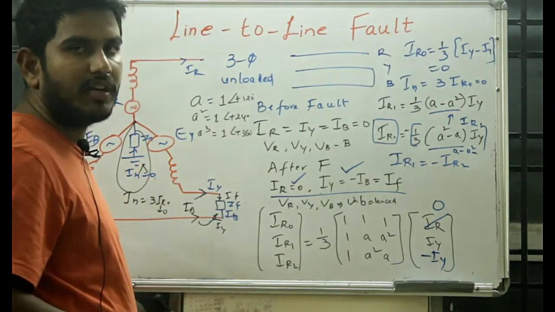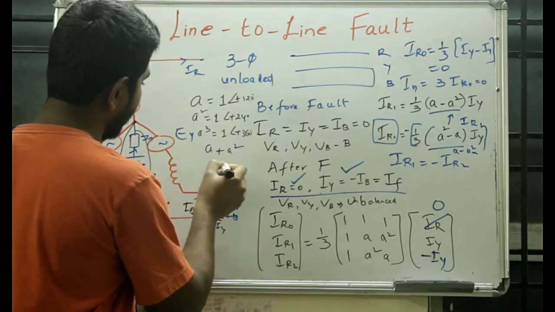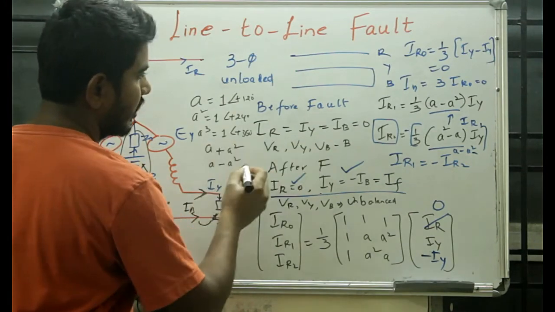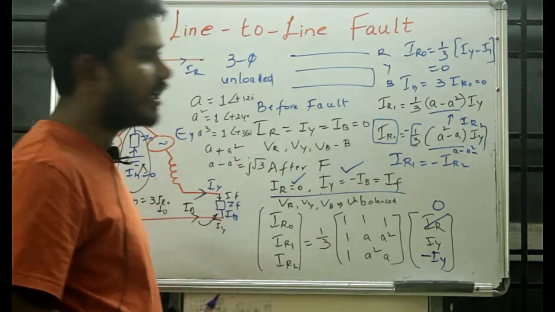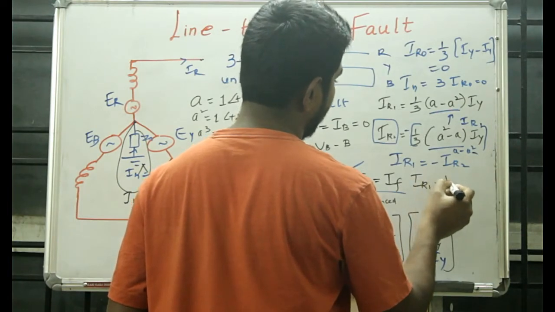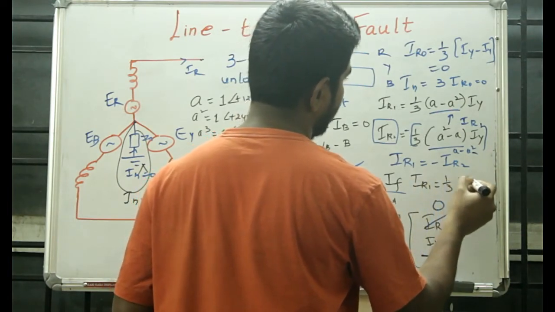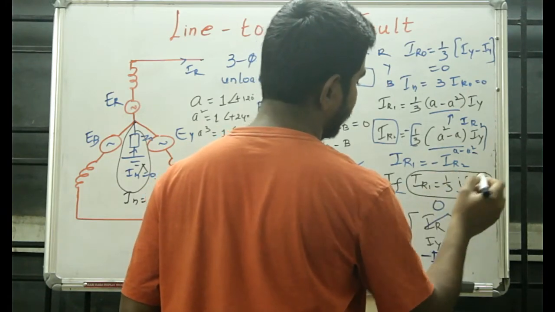In our last videos we have seen the relation of a plus a square and a minus a square. So a minus a square will be nothing but j times root 3, right? So from here I can write your IR1 will be equal to 1 by 3 times of j root 3 into Iy. 1 by 3 times of j root 3 into Iy.